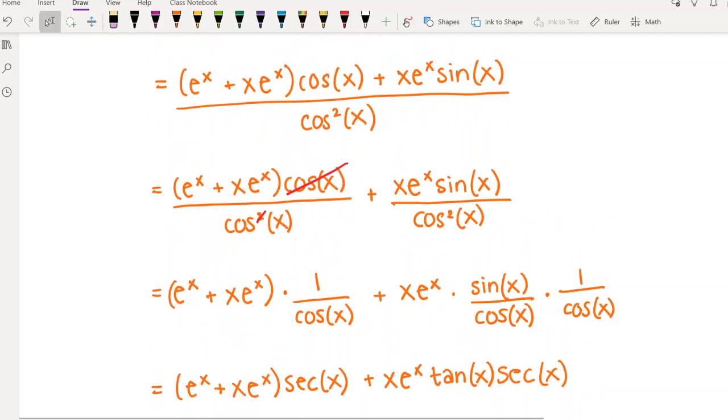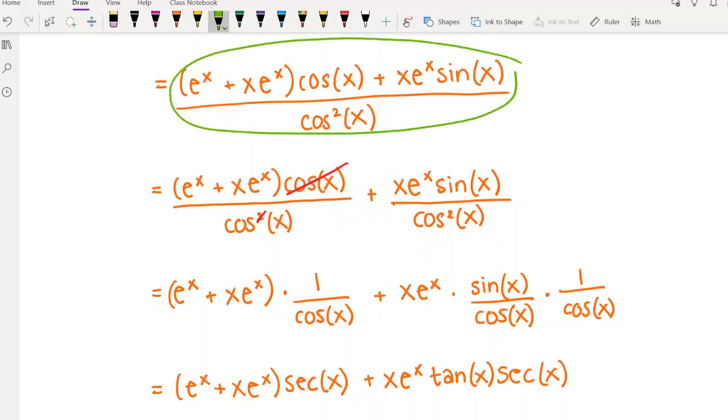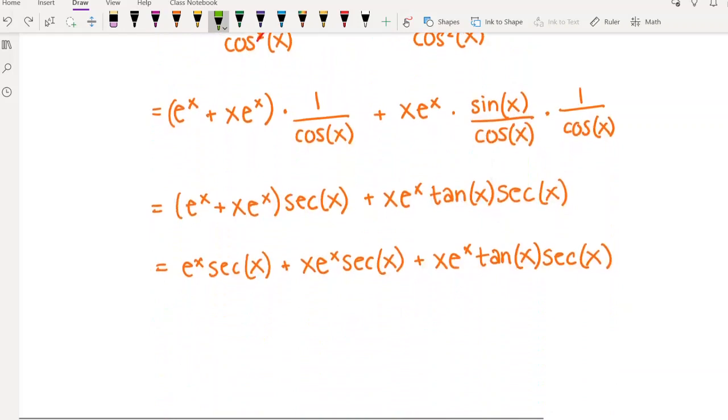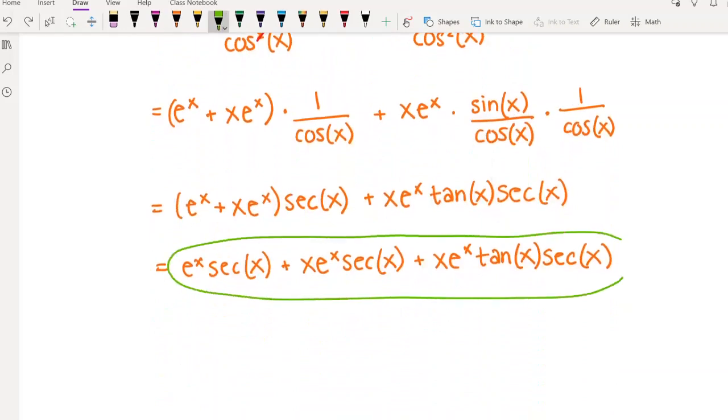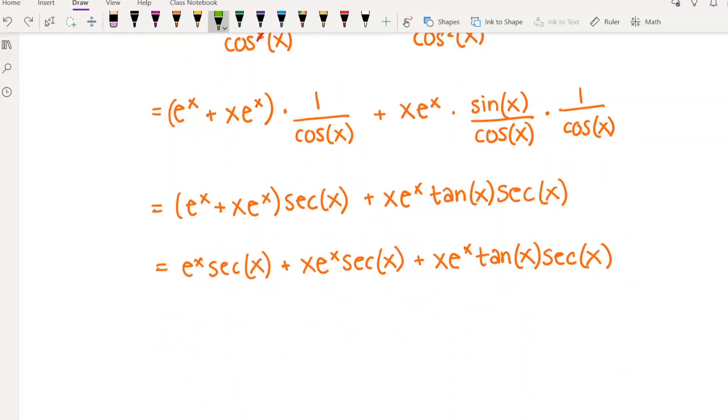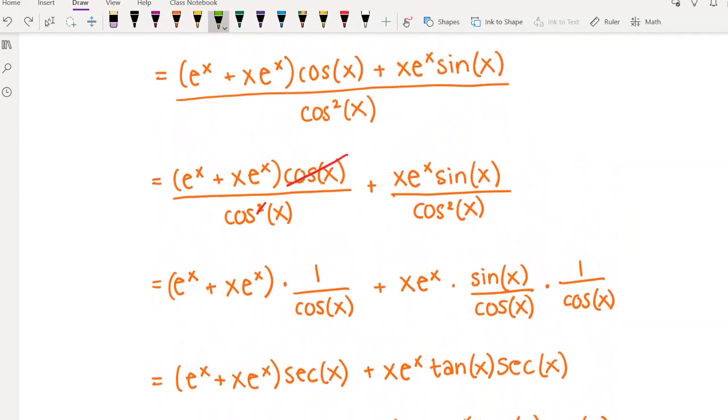Would you rather take the second derivative of this or of this? I know they both look complicated, but I think the bottom one would be easier to work with because you can just say, okay, I know what the derivative of secant of x is, or you can look it up if you don't remember. Whereas in this first one, you would have to do a lot of quotient rule and product rule. There'd just be a lot of different stuff going on.